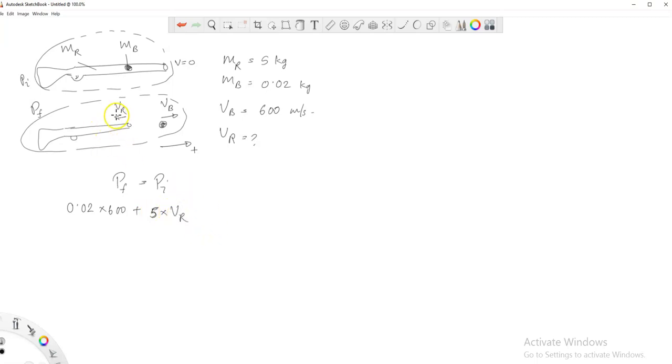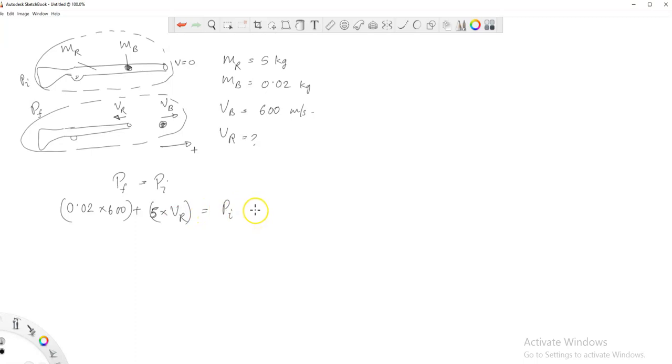Now I have marked it in this direction, but without worrying about the negative sign, I'm just going to write it like this. We might end up having a negative answer. So this is the bullet, this is the rifle, which equals P initial.